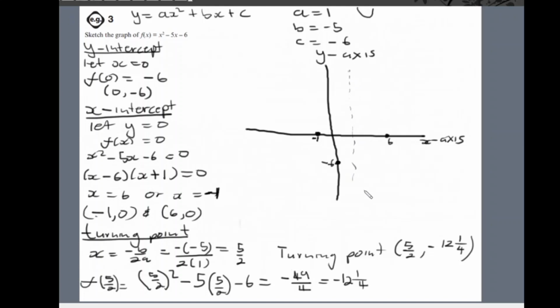And then the y value of the turning point is minus 12.25, which will be somewhere here. So this will be the coordinates of the turning point.